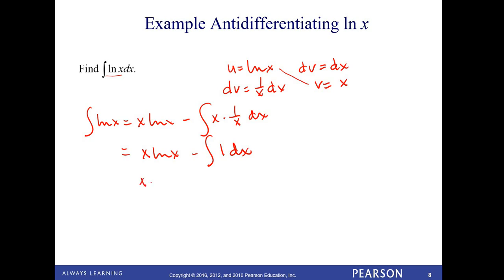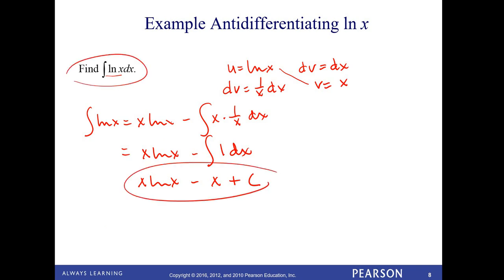We end up with x ln x minus x plus c. This is a good integral to memorize. It comes up frequently enough that if you're good at memorizing things, it's easier, I think, to memorize this than to remember to use parts. It's not as obvious here that integration by parts is going to work.